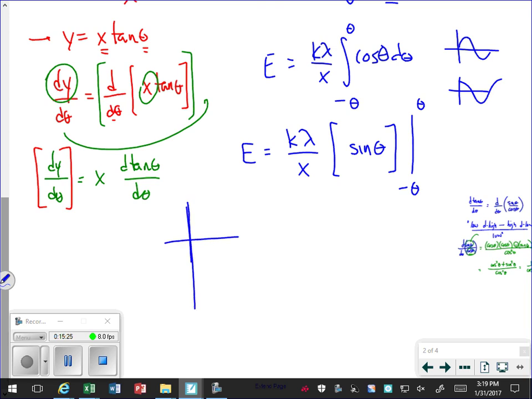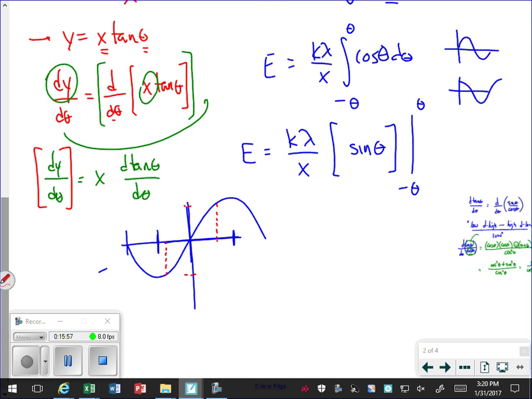It's like negative something to something. So here's a sine curve, from negative 90 to 90. The sine of angles of equal magnitude on opposite sides of 0 degrees gives you the same number, but with opposite sign.